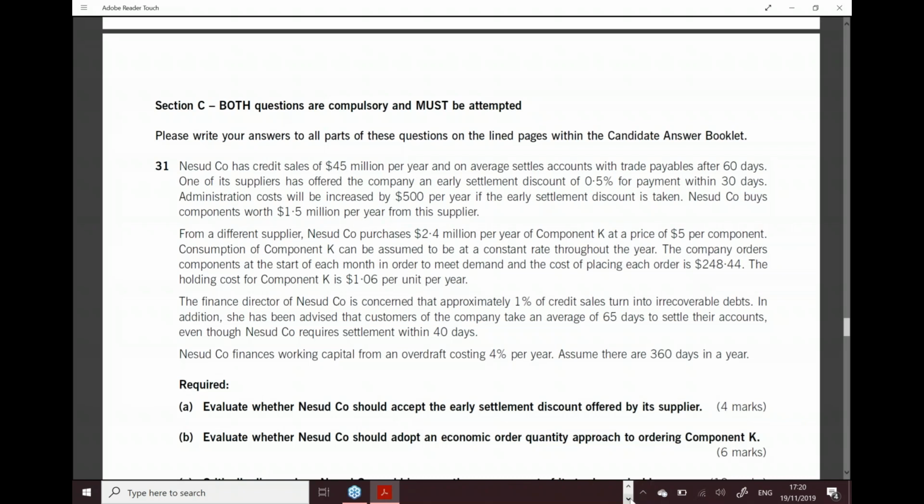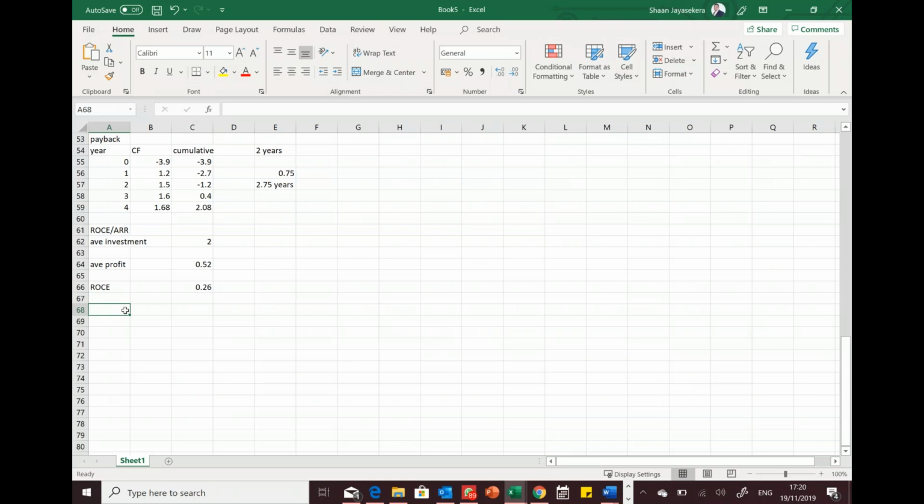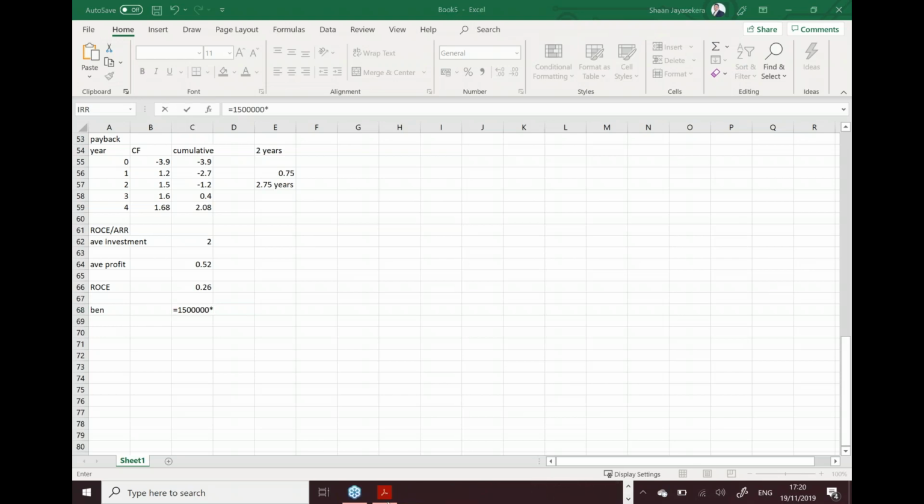So if we look at this, why take the discount? So I work it out here, the benefit. The benefit of taking this discount will be 1,500,000 times the value of the discount here.